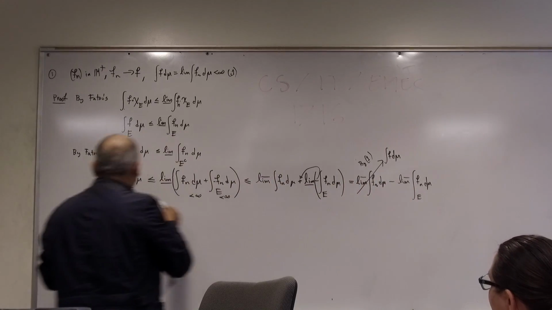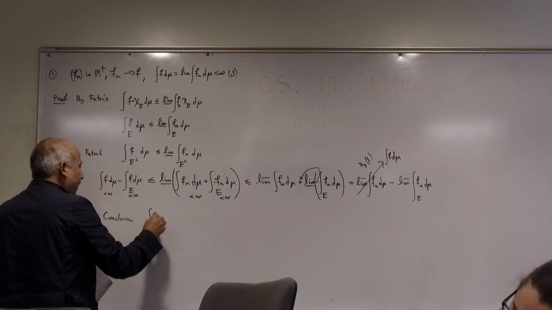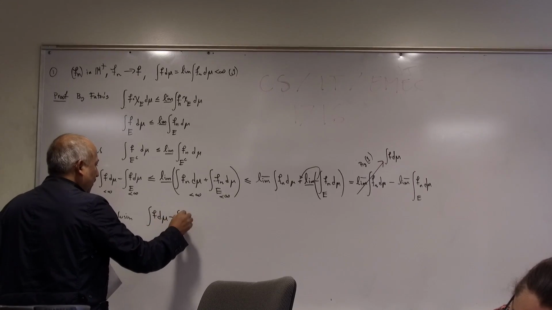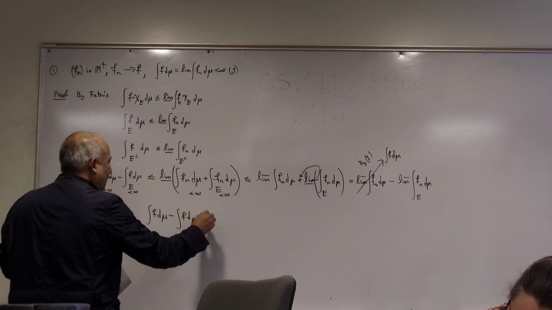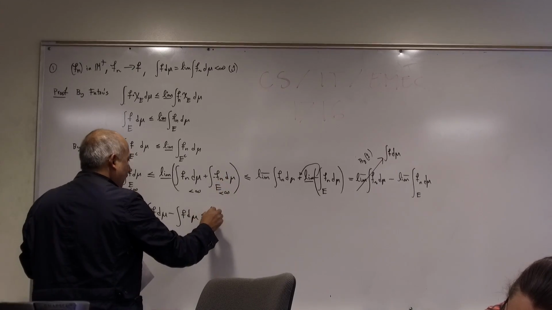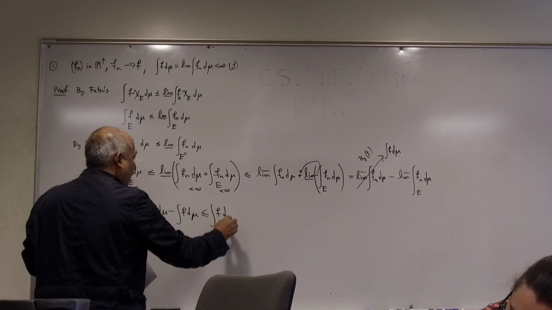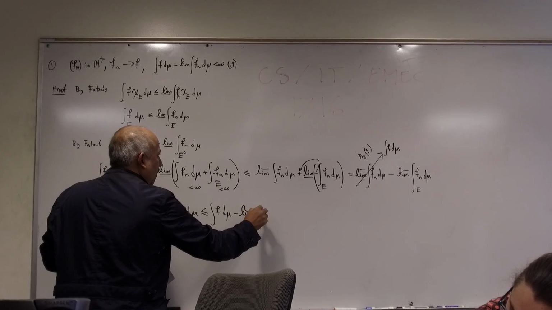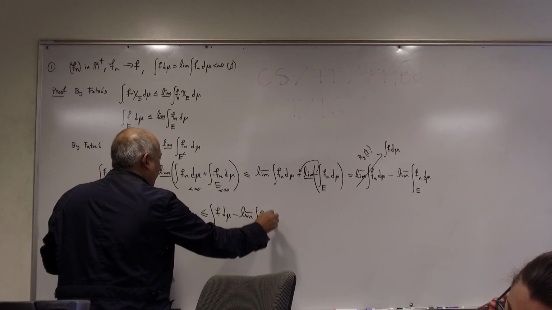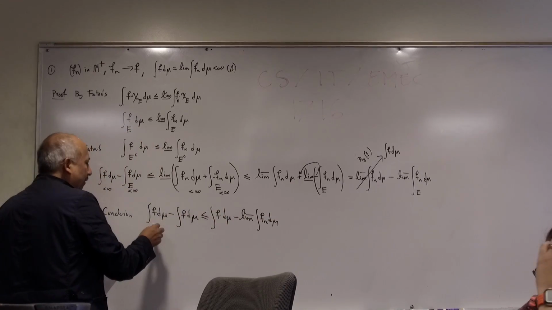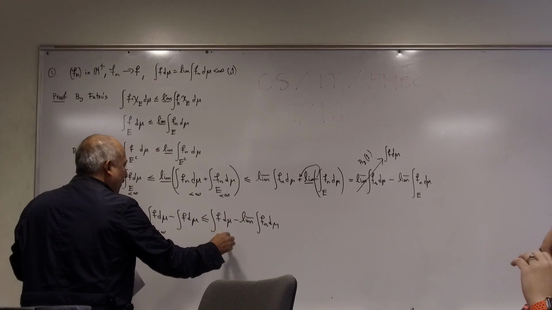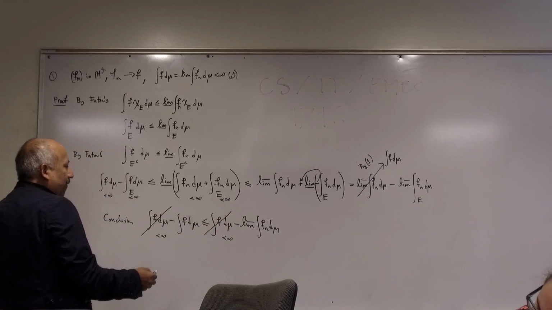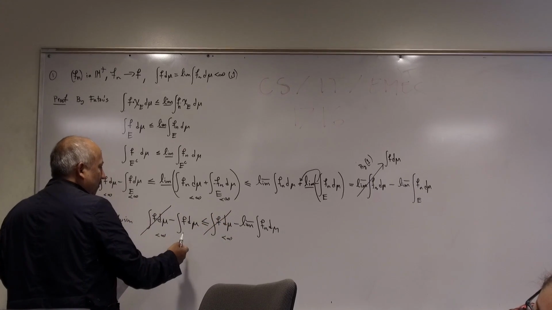Therefore, the integral of f d mu minus the integral of f on E d mu is less than or equal than the integral of f d mu minus lim sup of the integral of f n d mu. So this cancels out because this is a finite number. By the cancellation law, you can cancel it on both sides.